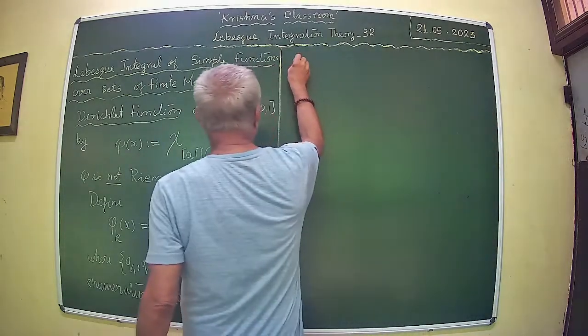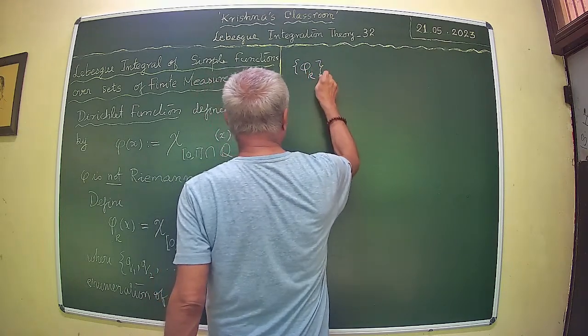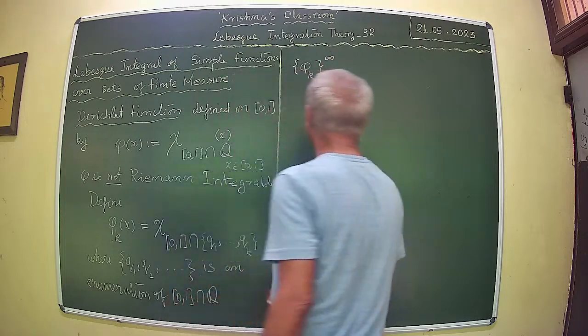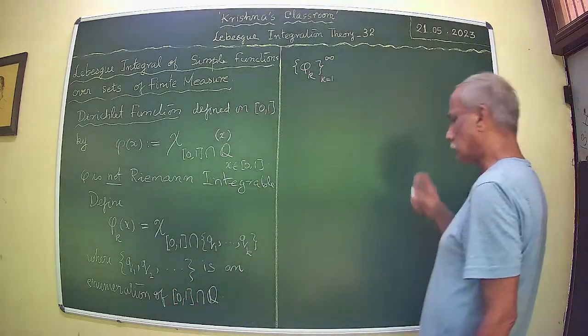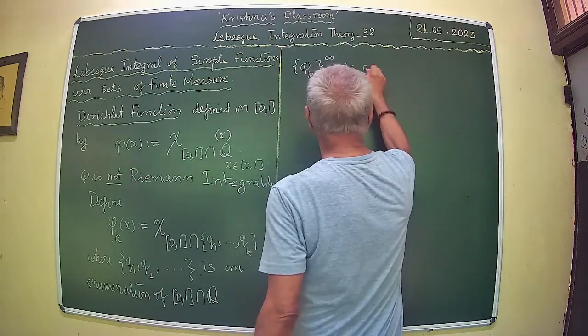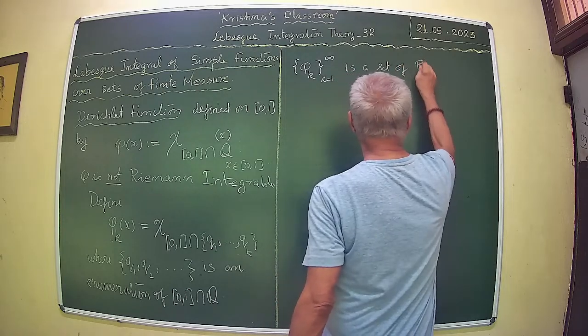So the collection phi k, k from 1 to infinity, is a set of Riemann integrable functions.